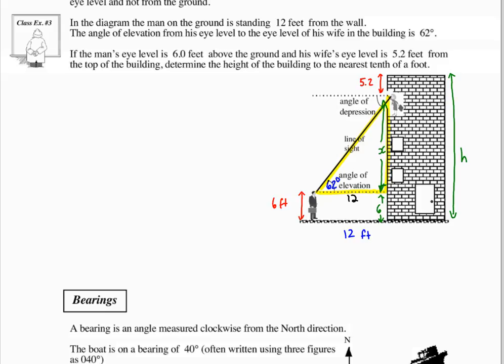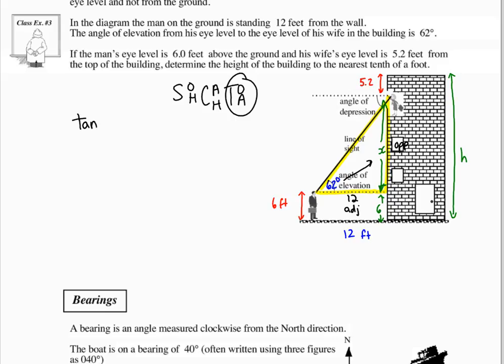What ratio are we going to be using? Stay with me, we're almost done. What is x called? Side opposite. And 12 is side adjacent, so we're going to use TOA.